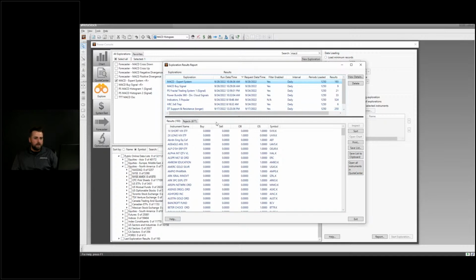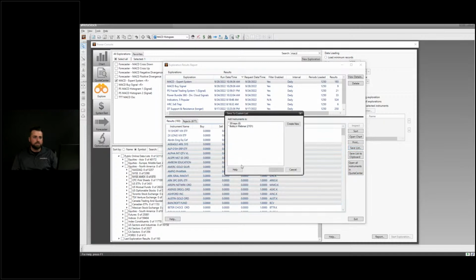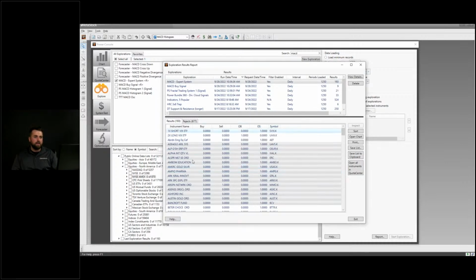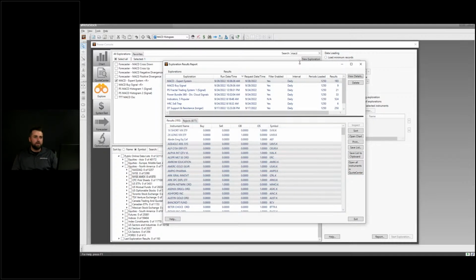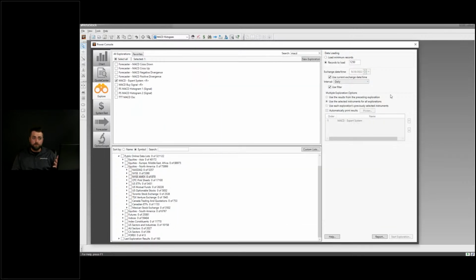And then also, we can save the list out of here too. I was doing it in a different way earlier, but it's as easy as clicking save list, creating a new list in here, and hitting OK. And now I've created that list with these here, and we can do that with the system tester in similar ways as well. So just to show you guys all of those things.